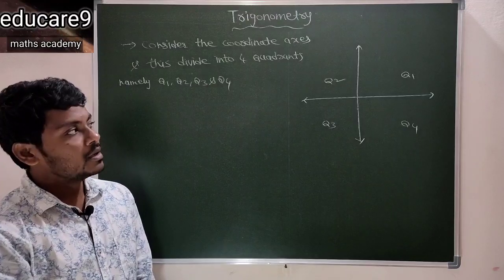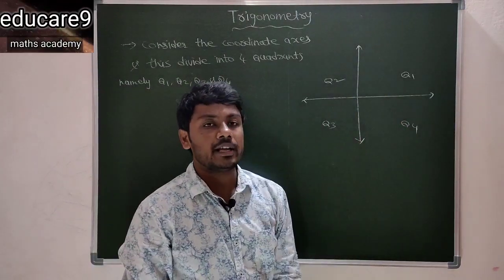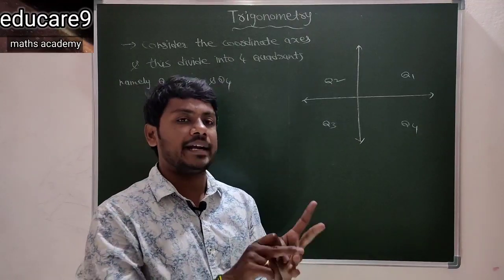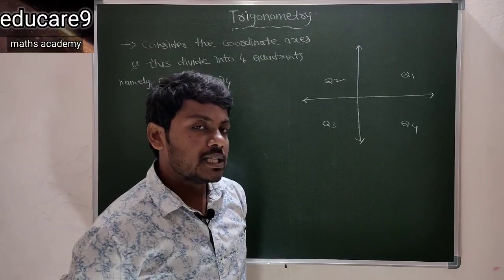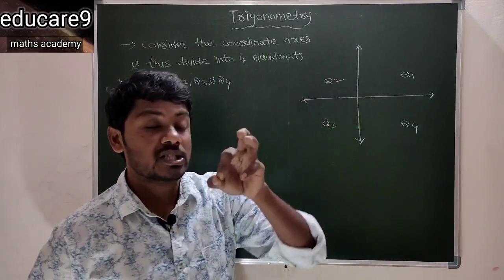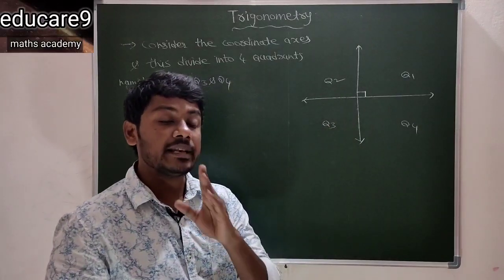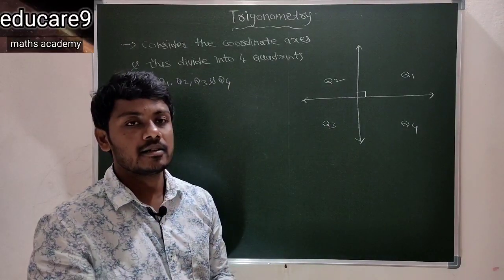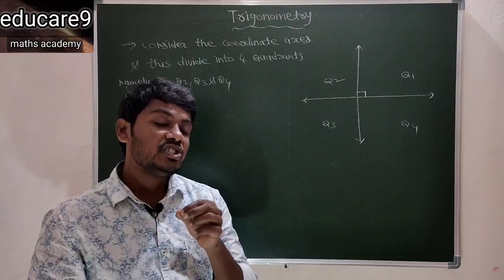Okay, now this is first quadrant. In first quadrant both x and y coordinates are positive. Okay, now here what is the maximum angle in the first quadrant? So clear, this is the maximum angle, so that is 90 degrees. Okay, this is the maximum angle, but what is the minimum angle? 0.